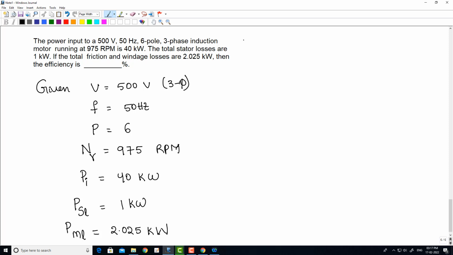What we need to find out is the efficiency of the induction motor in percentage.